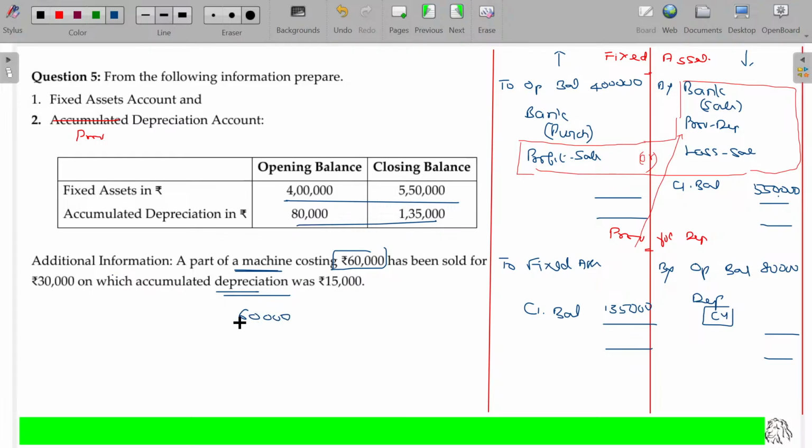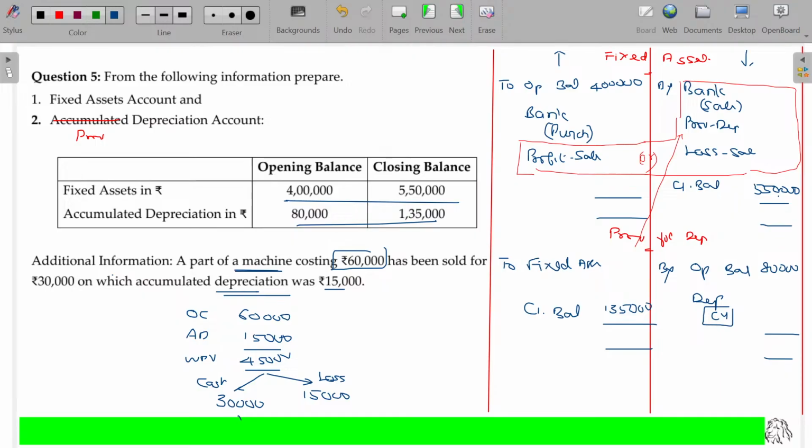So 60 is the original cost, accumulated depreciation on this being 15 and the WDV on this asset being 45. Sold for 30,000 cash realized. Out of 45, 30 is realized, and what about the remaining 15? You get lesser value, so it's a loss.